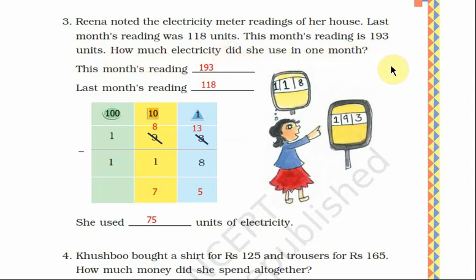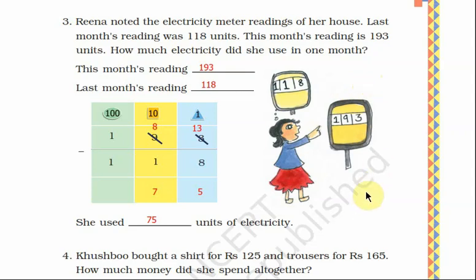So, here it is said that Reena, this girl is Reena, notes the electricity meter readings every month. This month she noted that the reading is 193 units, and in the last month the meter reading was 118 units.